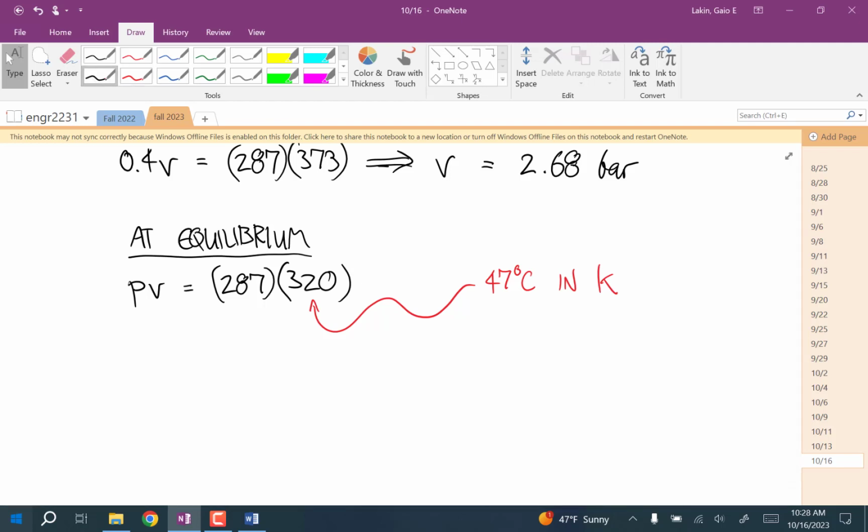The total space is 2 meters cubed, and that's equal to 3 times v. So the specific volume is equal to 0.6 repeating.